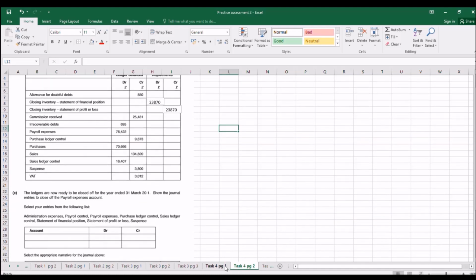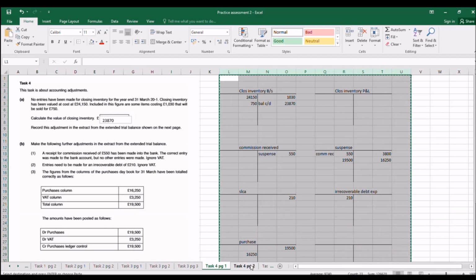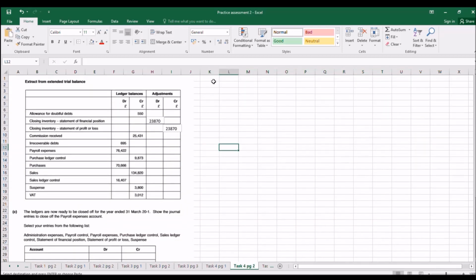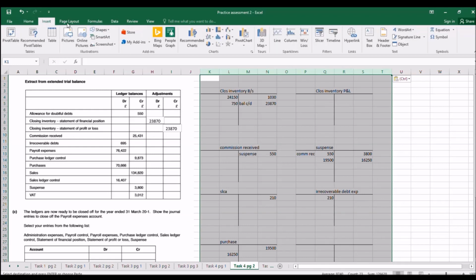Alright, so we're just going to take these across and post them. Right, so let's just drag these across to the next page. See where we're going from there. Okay, so we've posted that one then. Commission received, insert shape, commissions received, credit 550 here.